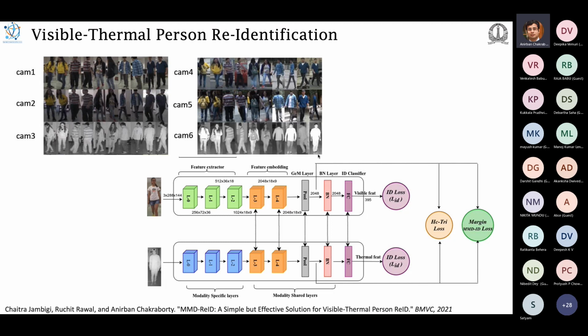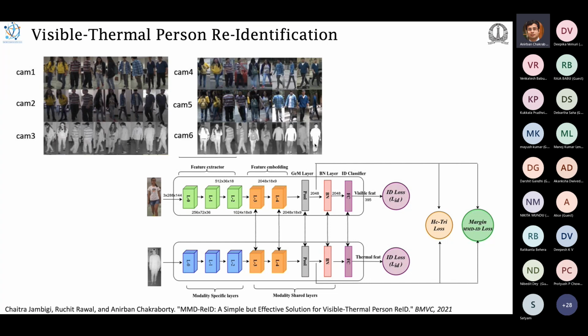And which is a non-trivial problem, because a standard model trained on visible spectrum images from regular cameras will not work well, because they look very different from the corresponding thermal camera images of the same person. So that's where we propose something called MMD ReID, which is basically motivated by the maximum mean discrepancy. It's a widely used statistical tool for hypothesis testing that aims to determine the distance between two distributions, right?